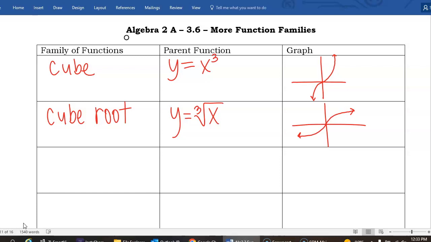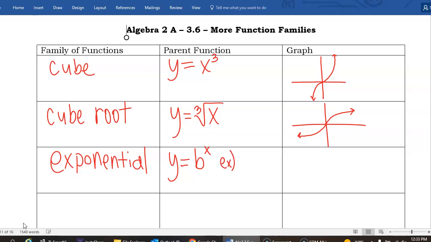Okay, next we're going to do the, what do you think, exponential? Sure, exponential. Okay, the exponential family is going to be y equals something to the power of x. So a very common one would be y equals 2 to the x.